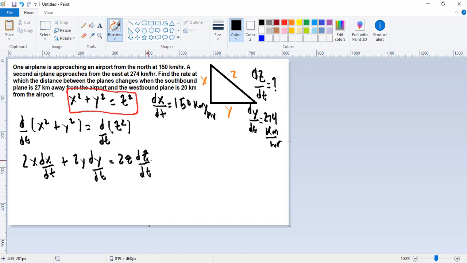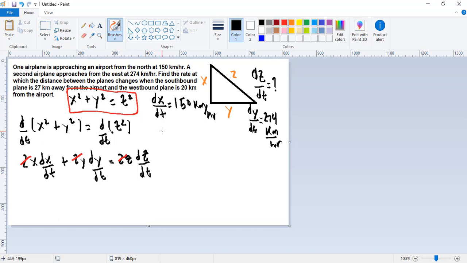Now, looking at this, the 2's cancel out. But I can see easily that we can just solve for dz dt, because if I divide by z, that will isolate dz dt. We already know what x is, we know what dx dt is, we know what y is, and we know what dy dt is.